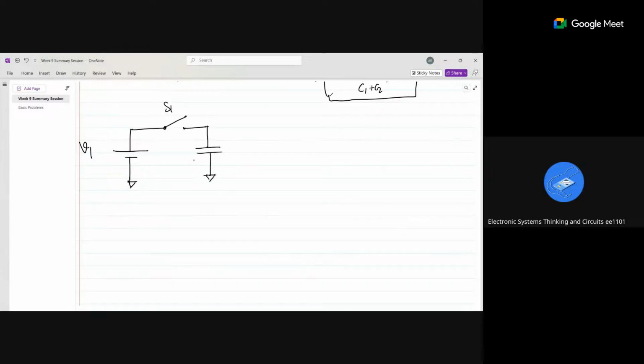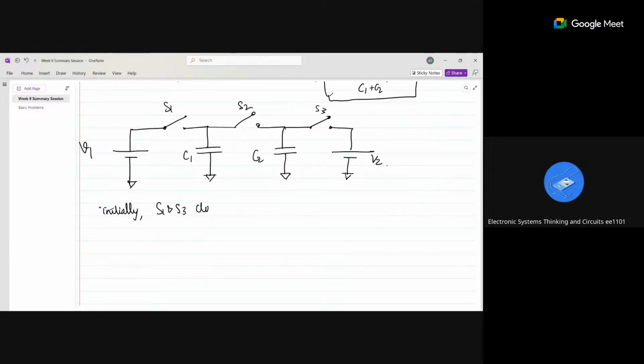There is a capacitor C1, switch S2, then again a capacitor C2, switch S3, then again a voltage source V2. Here, what they have said is that initially S1 and S3 are closed and S2 is open, right?